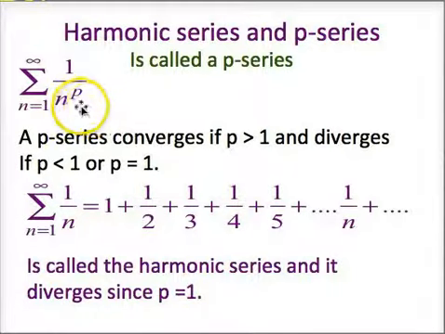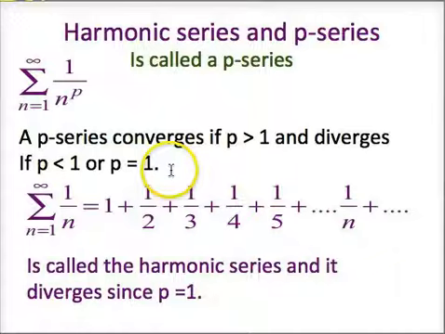Okay, now we can do an integral test on this. As a matter of fact, I have one, and I'll see if I can throw it up here. But if this exponent here is greater than 1, it converges. And if it's less than 1 or equal to 1, it will diverge every time.